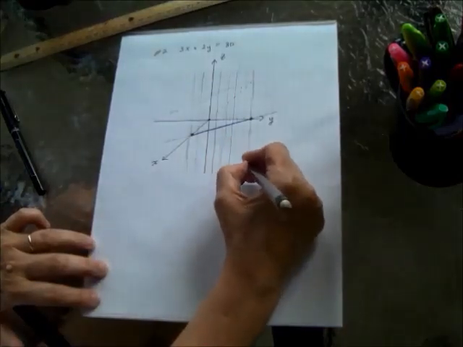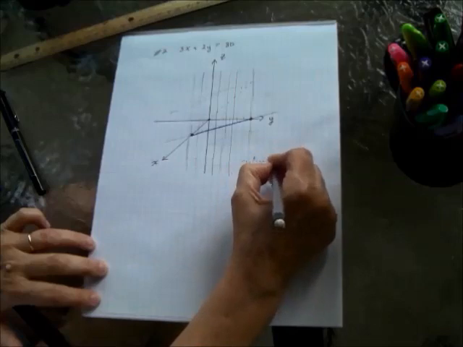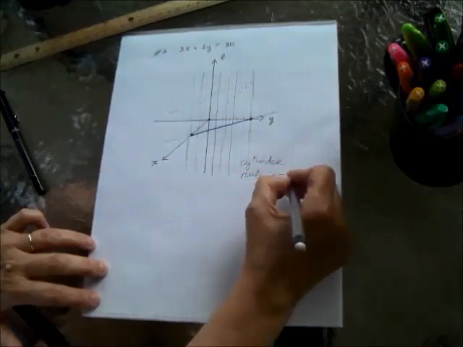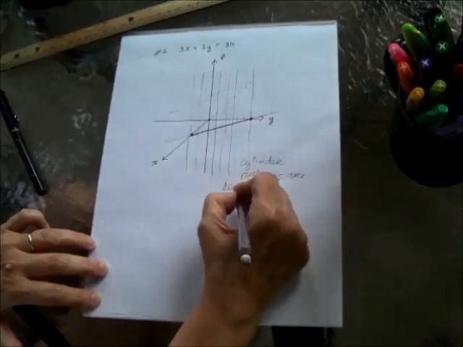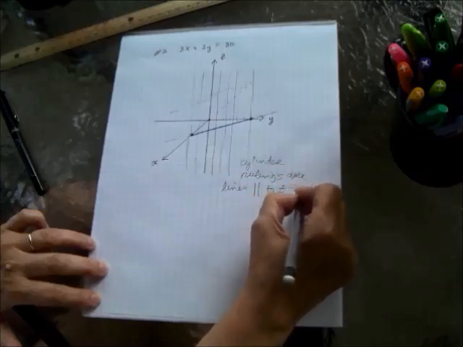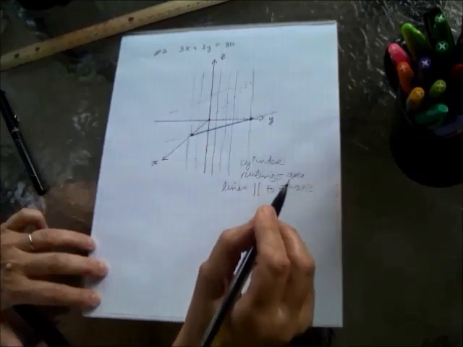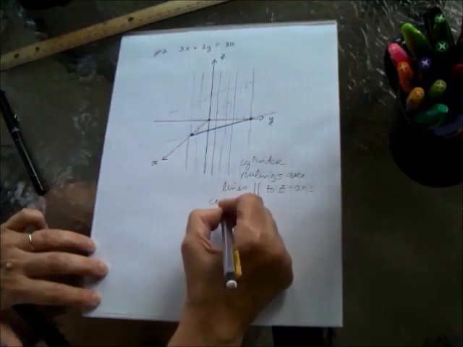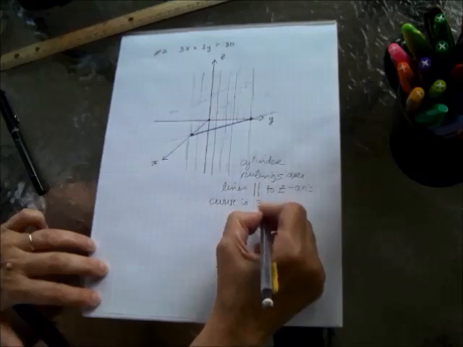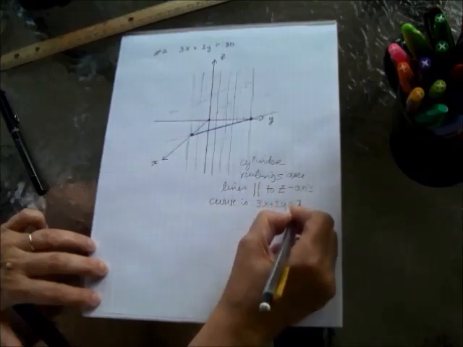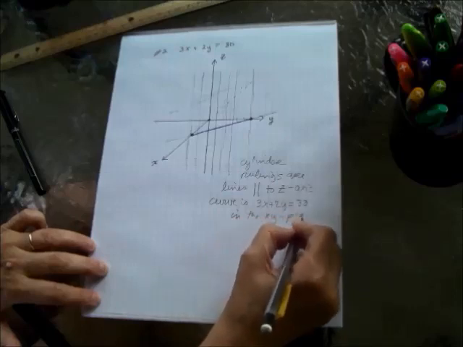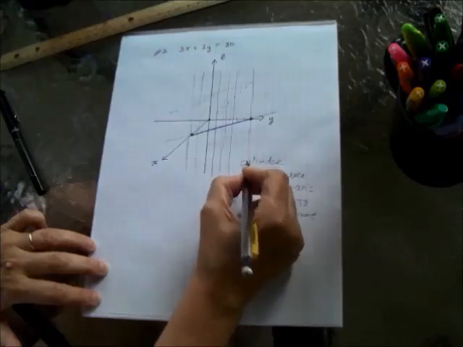And so this is a cylinder whose rulings are lines parallel to the z-axis. And the curve generating it is the line 3x plus 2y equals 30 in the xy plane. Sort of a flat cylinder.